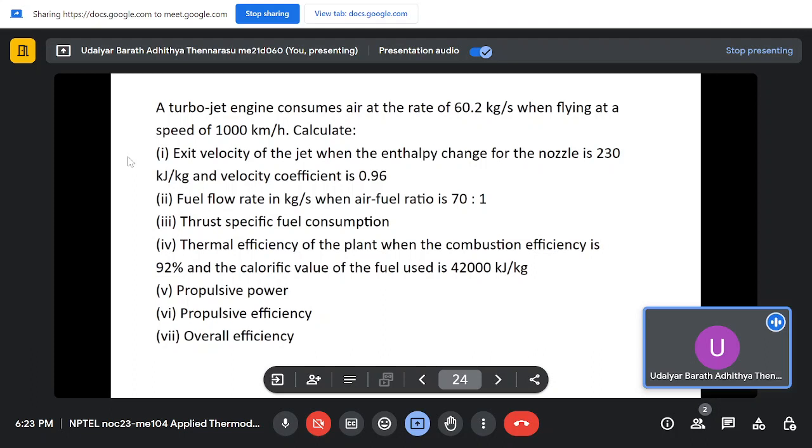So next we'll see some numericals, how to solve this. First, a turbojet engine consumes air at the rate of 60.2 kg per second when flying at a speed of 1000 km per hour.